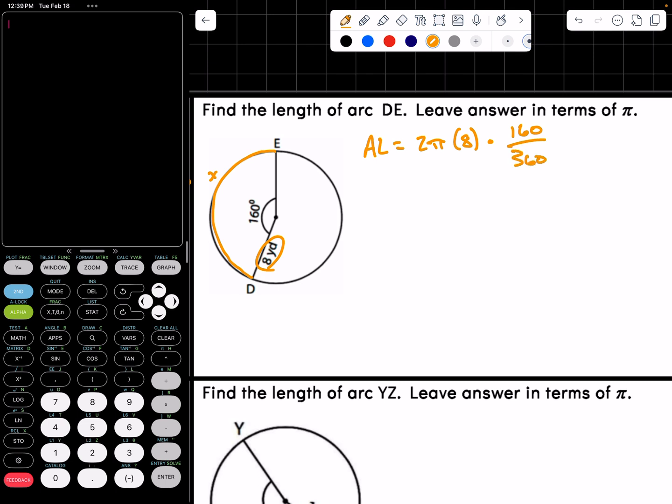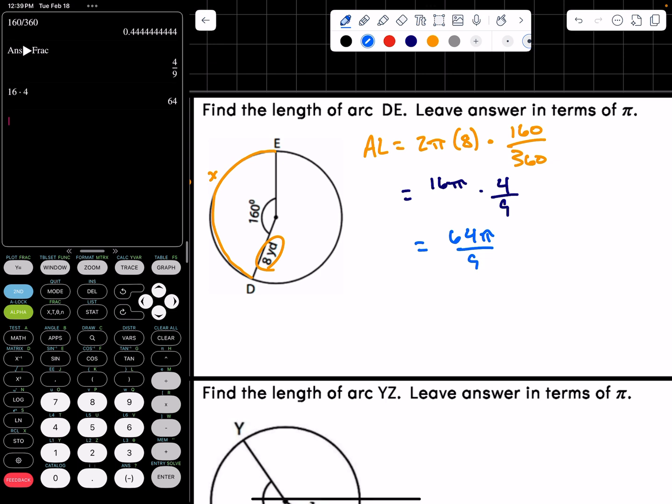I'm going to work this down. We've got 16 pi times 160 divided by 360, math frac. So that's going to be 4 over 9. And that's going to be, so 16 times 4 equals 64 pi over 9.